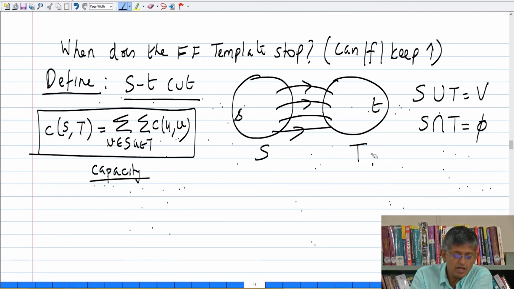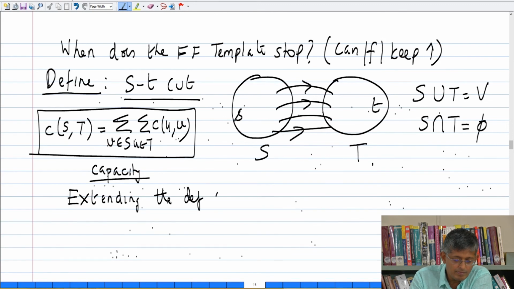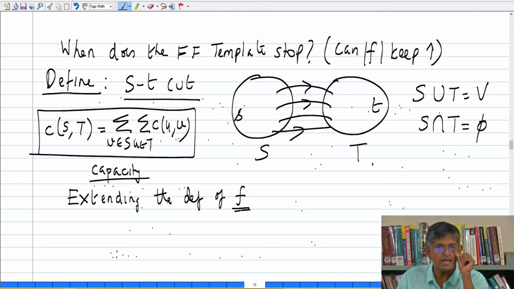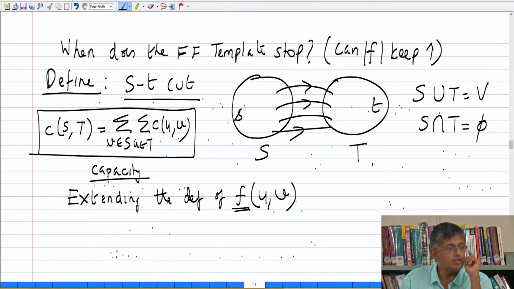So now I am also going to extend the definition of f. Recall that f is a function which is defined only for pairs of vertices. Now I am going to define it for cuts also, and I am going to use the same notation f.